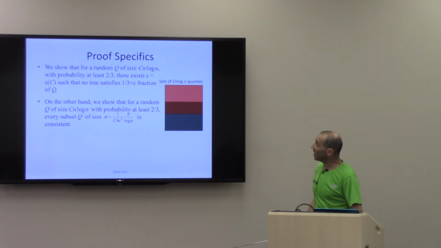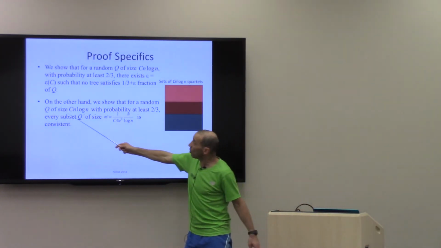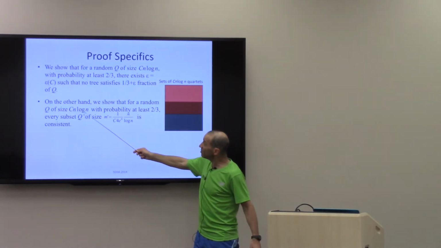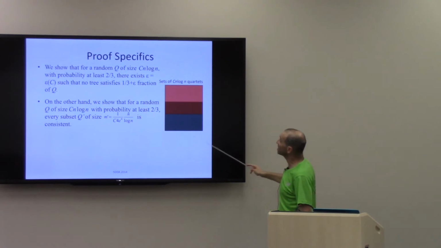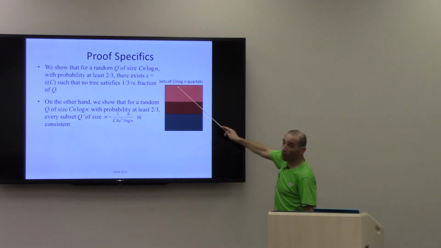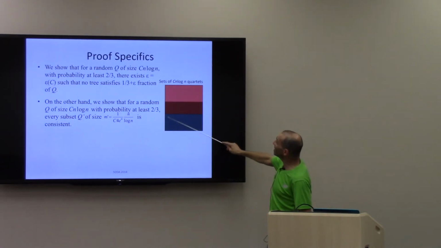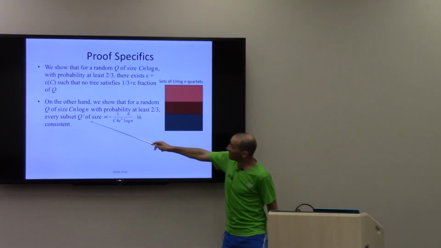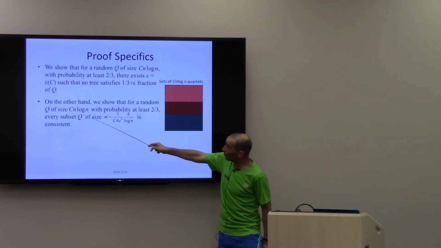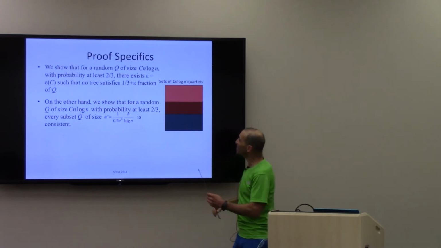On the other hand, we show that for random Q of the same size, with probability at least 2/3 we have another property.